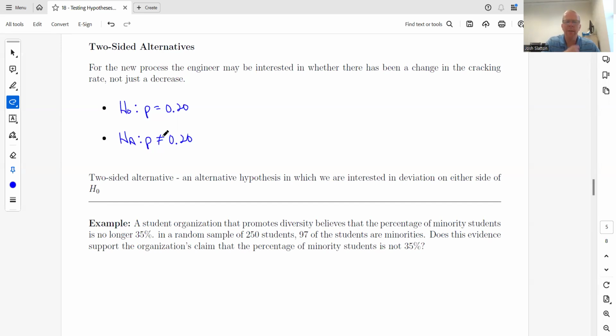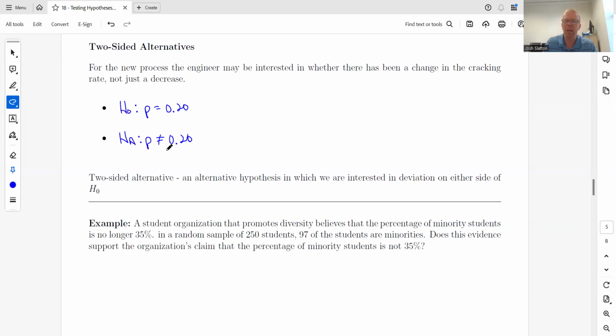Kind of implicitly, we inferred this when we started with the one-sided, but obviously 0.19 is not equal to 0.20. So what we mean by this, and what we mean by less than or greater than in this context, we don't mean strictly any number that is not equal to 0.20. What we mean is a number far enough in either direction from 20%.